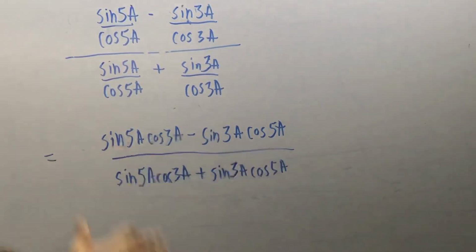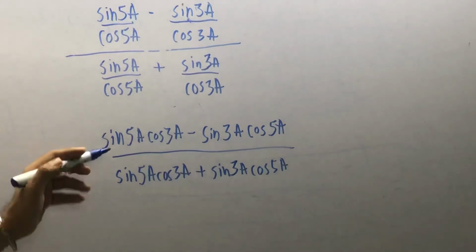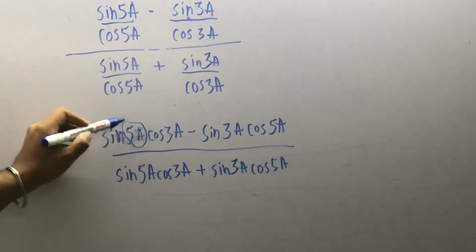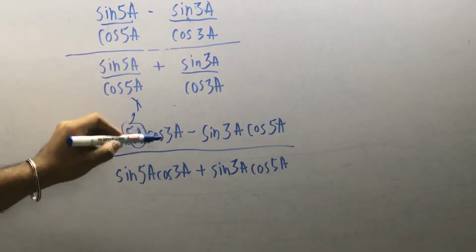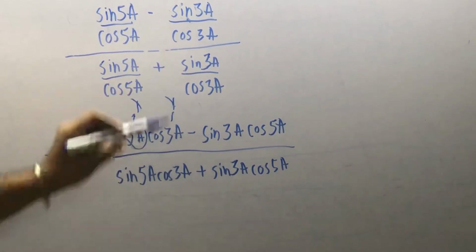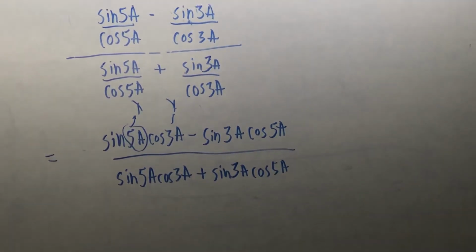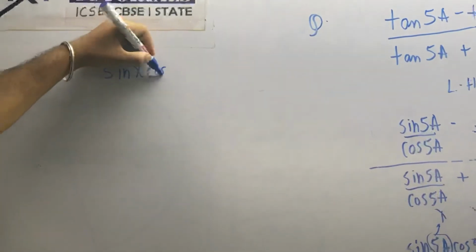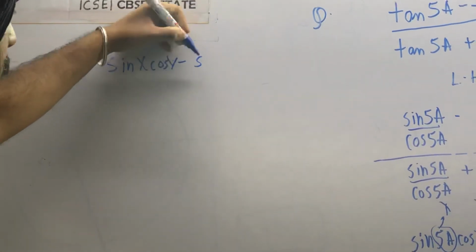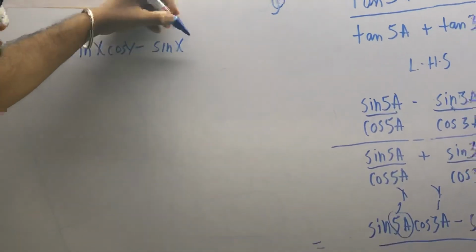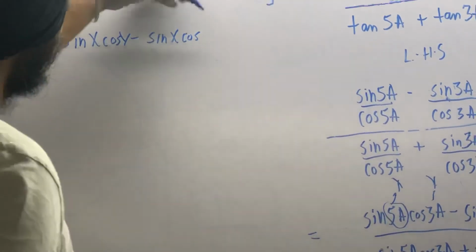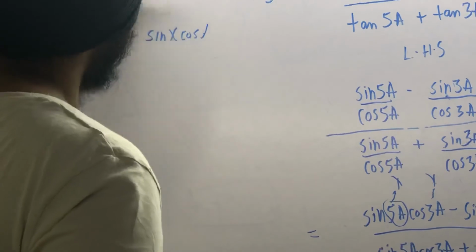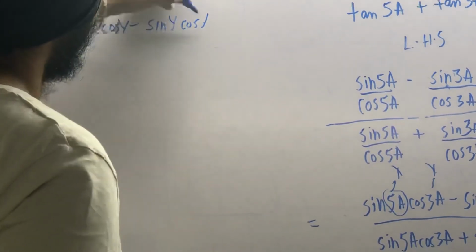Now look carefully here. Just assume this 5a as x, this as y. Okay, now look carefully. Sin x cos y minus sin y cos x.